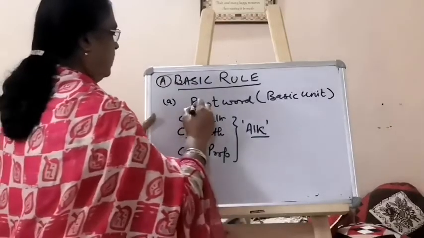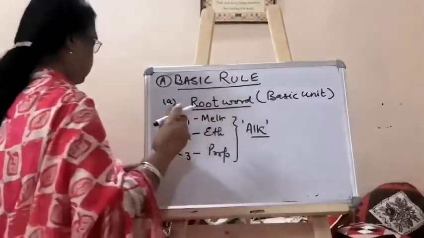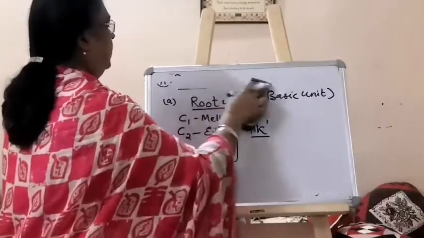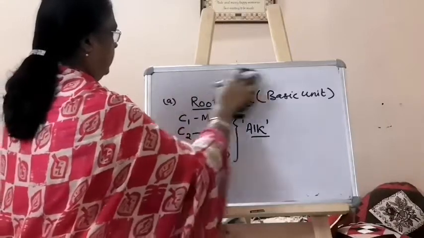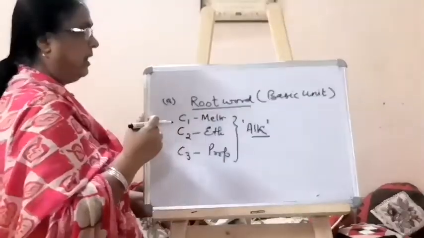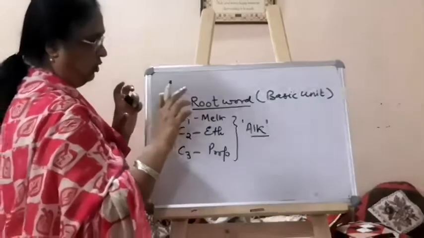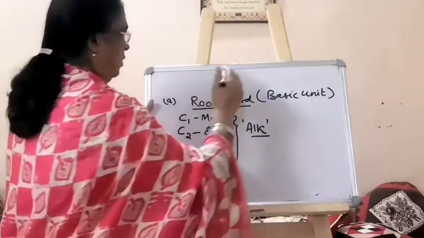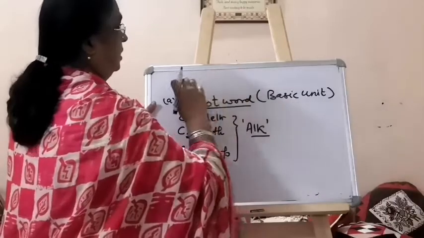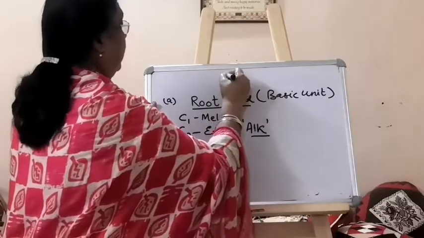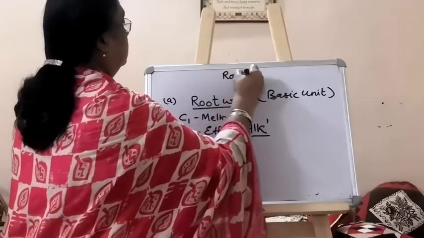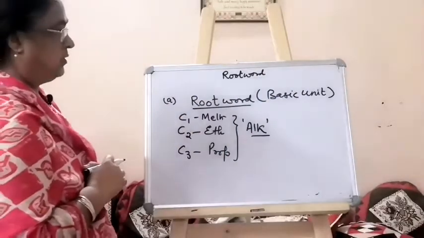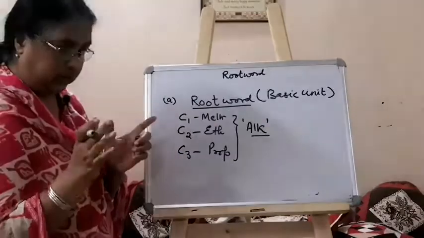Now, the first important thing is your root word. So there is a formula. I will show you how to write this name. First of all, if the name is given to you, you will have to find out the root word, or first you will look for the number of carbon atoms in a continuous chain, and then you will write the root word. The root word mostly comes in the middle of the name.